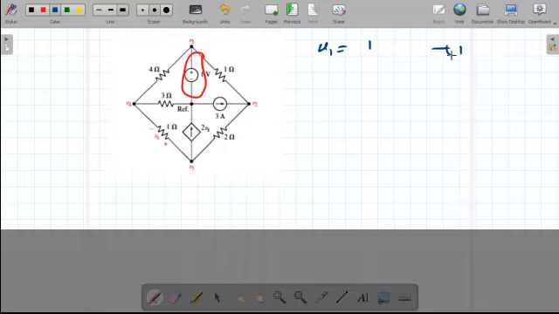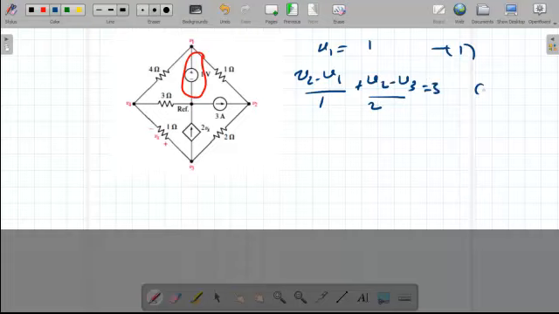So this is my first equation. My second equation, at node 2: V2 minus V1 over 1, then V2 minus V3 over 2. This will equal the entering current, 3. So this is my second equation. My third equation, I can get from node 3.